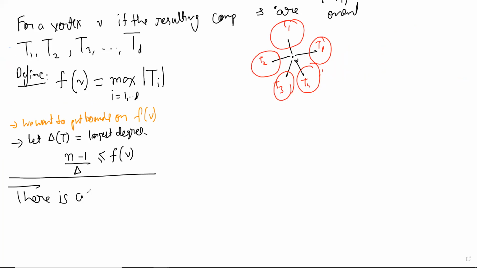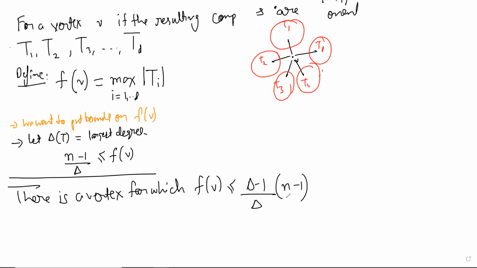So there is a vertex. So this is not for every vertex, okay? There is a vertex for which FV is less than, should it be, yeah, (delta minus 1) by delta times n.